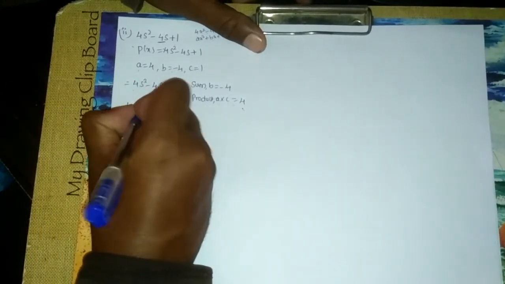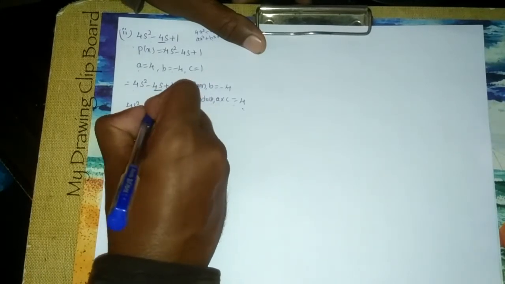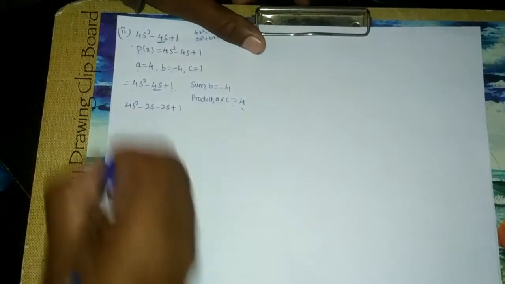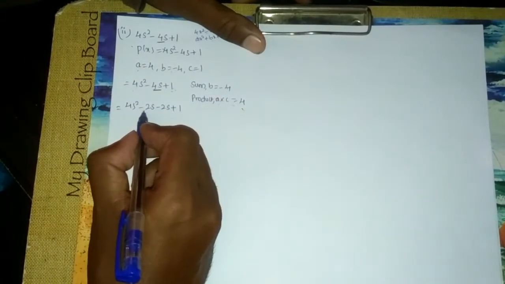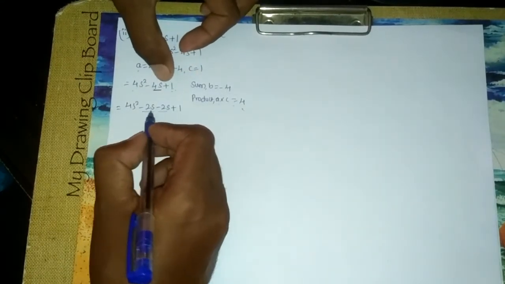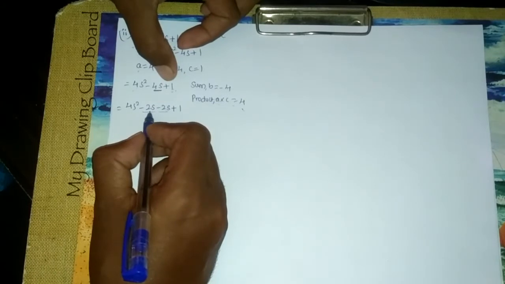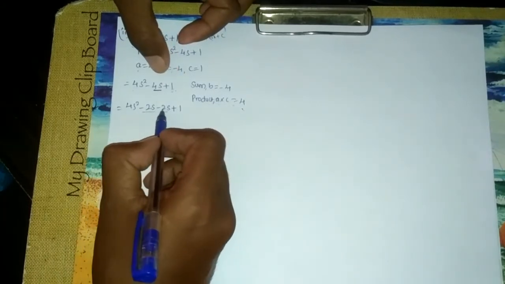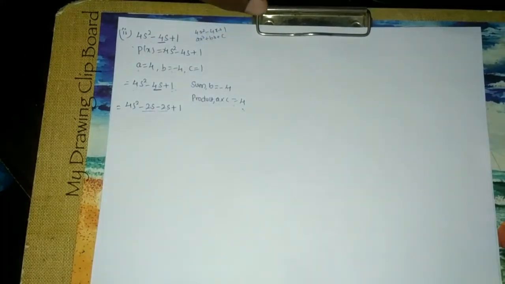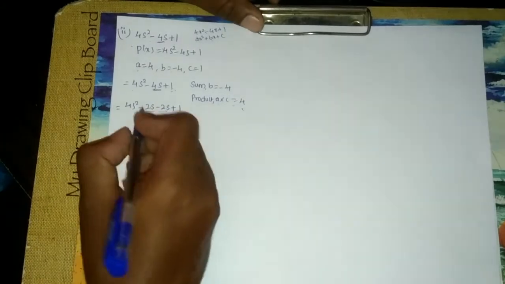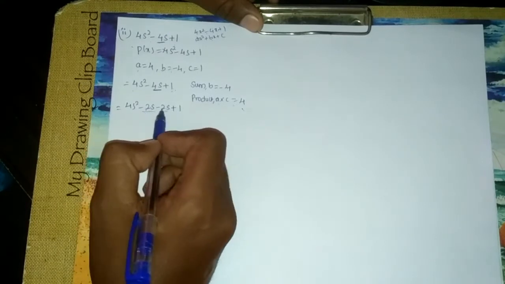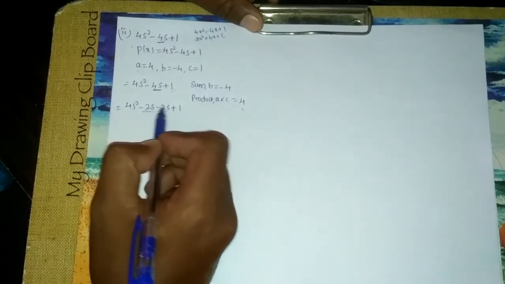Okay, let me split like this. I can write 4s as minus 2s minus 2s, plus 1. Minus 2s and minus 2s become minus 4s when added, and when I multiply minus 2 into minus 2 I get plus 4.